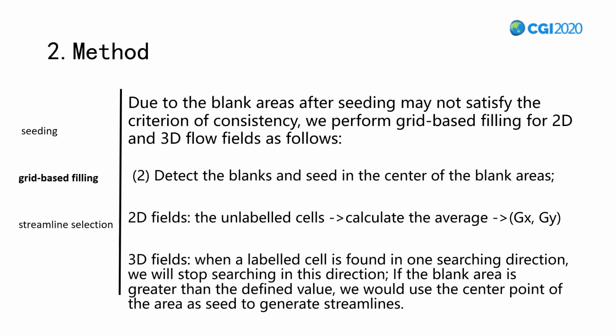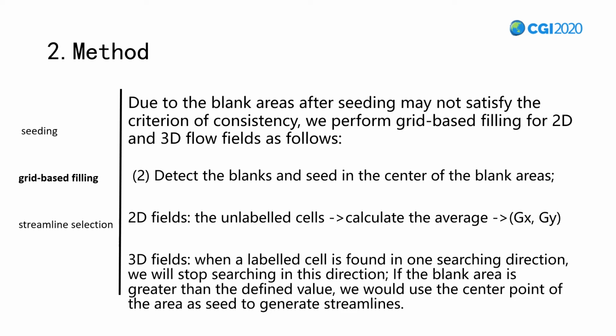In 2D fields, we calculate the average value of grid coordinates gx and gy in all of the blank grids and assign point gx, gy as the new seed. If the seed does not belong to the blank area, we would first generate two streamlines at that point, which are parallel to horizontal direction and vertical direction.